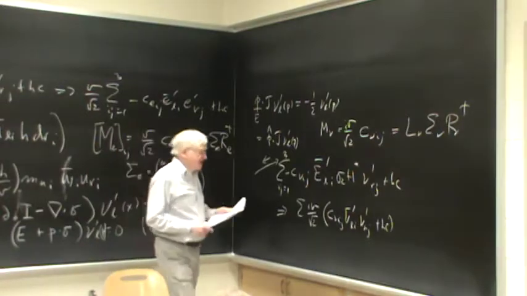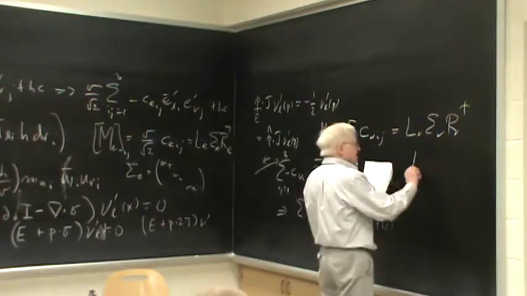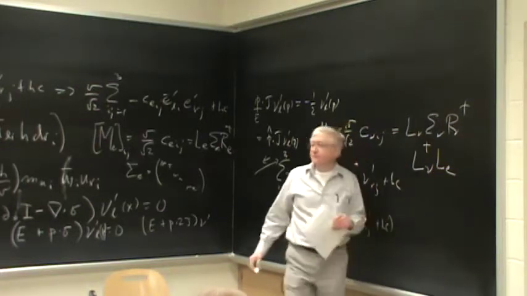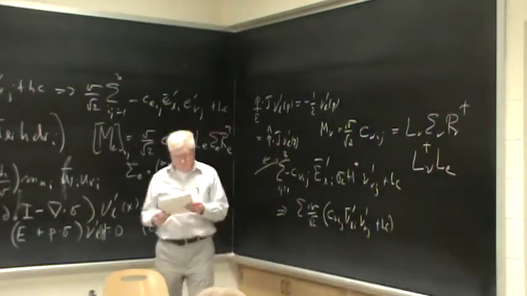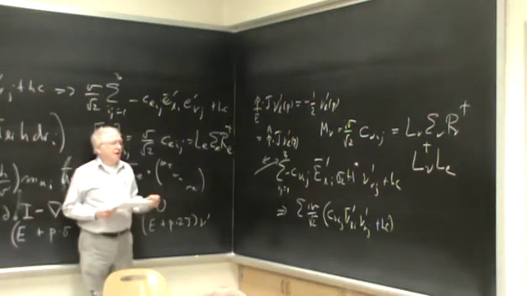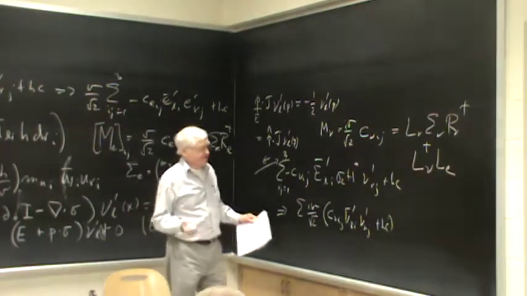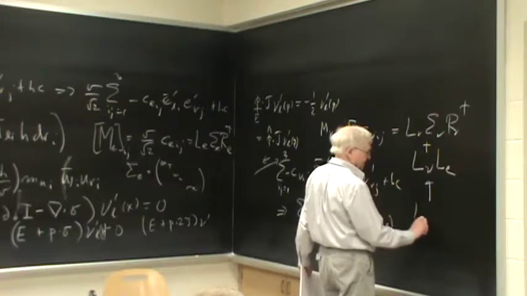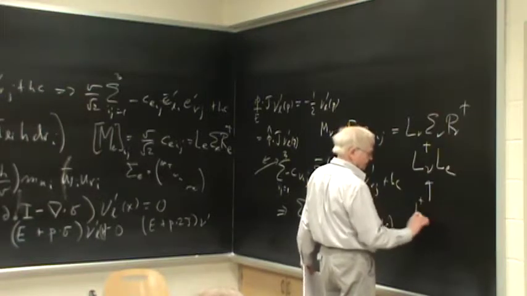The neutrino CKM matrix, by the way, then is L nu dagger L e. That's the analog of L u dagger L d.